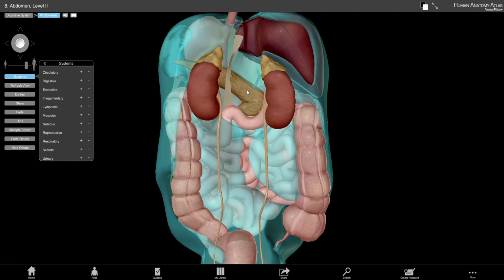The pancreas is secondary retroperitoneal, as well as the duodenum, except the small first part, which is intraperitoneal. The second part, the third part, and the fourth part are retroperitoneal.